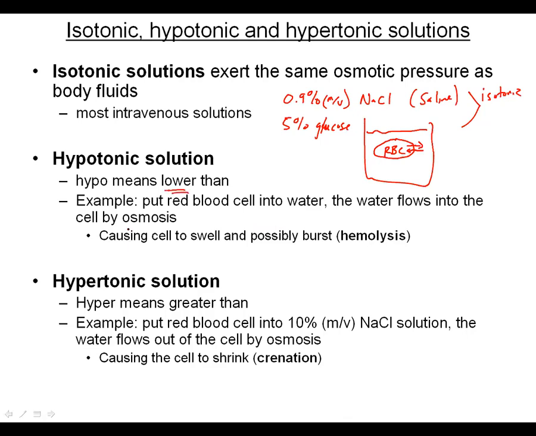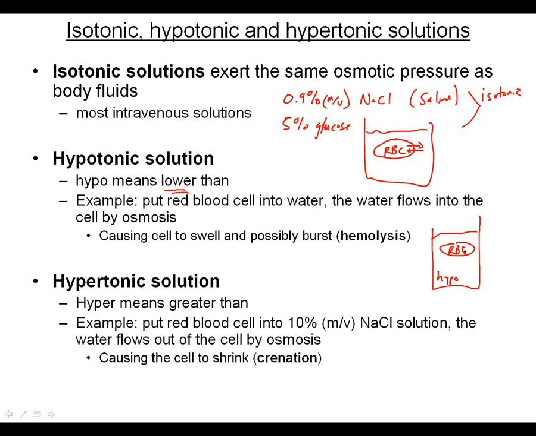If you put that same red blood cell into a hypotonic solution, what that means is the outside of the cell is less concentrated than inside the cell.